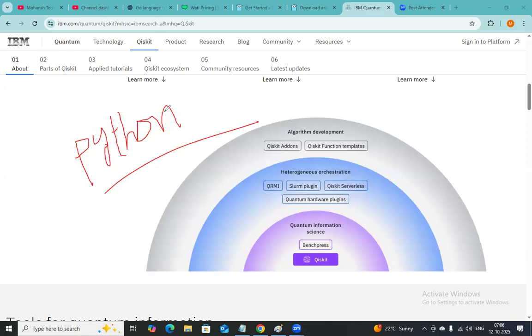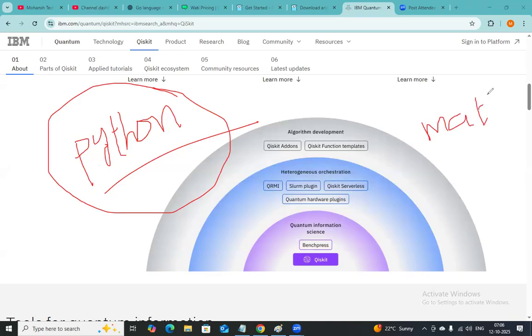I already told you, Python is not the only knowledge you need to understand quantum computing. Maths is also very important, like linear algebra, vectors, probability. That kind of mathematics is also very important to understand the quantum computing subject. So Mohan's Technologies is going to provide you the basic requirements for quantum computing.